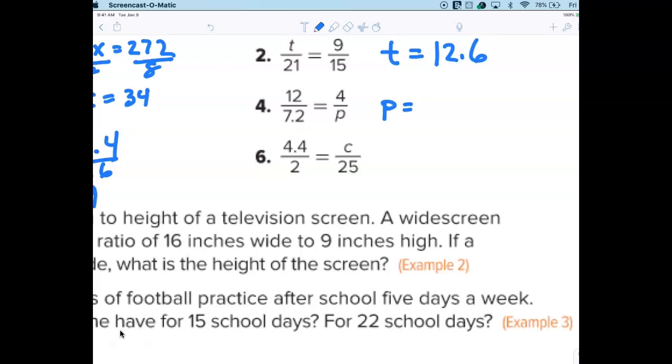Very easy. 2.4. Everybody happy with 2.4? So now number 6, we just write C equals. Somebody said 55. Somebody agree with 55? All right. So I'm pretty happy with you on that.